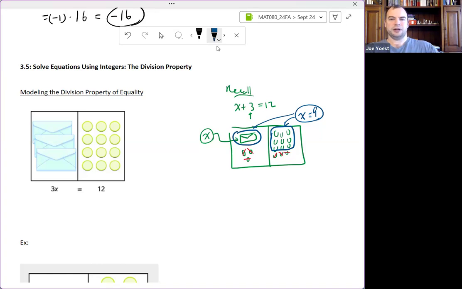So what can I do over here? I guess there's maybe a couple different ways I can think about this. I can imagine, okay, if I have 3 envelopes that contain the total number of counters that are represented on the right side here, 3 times X equals 12, I could split these counters on the right side into 3 equal sized groups.